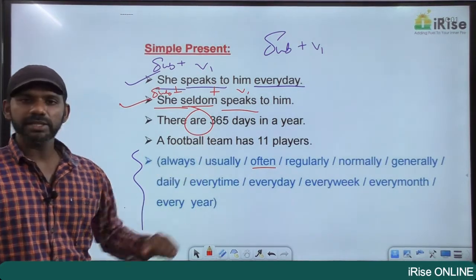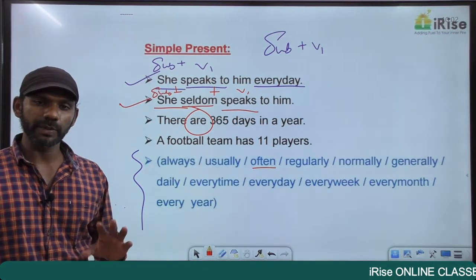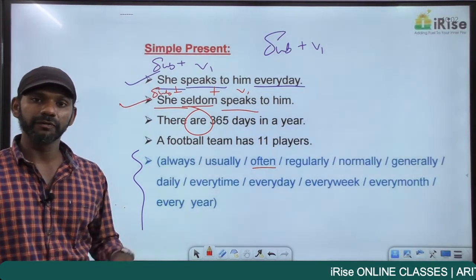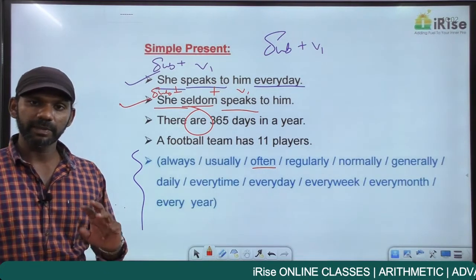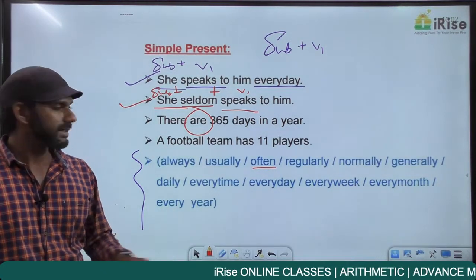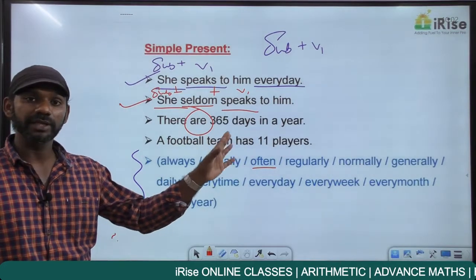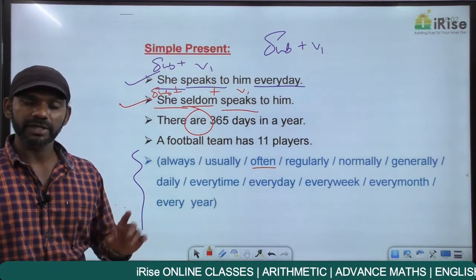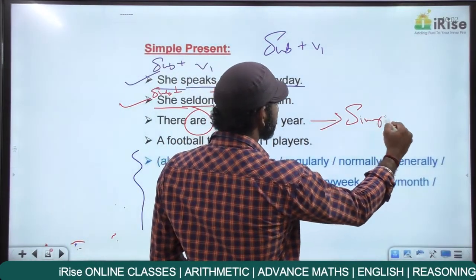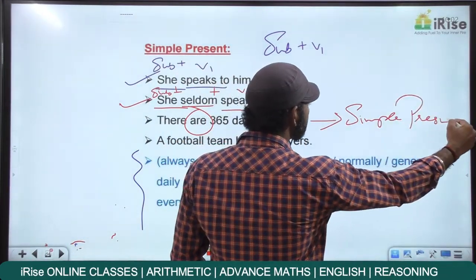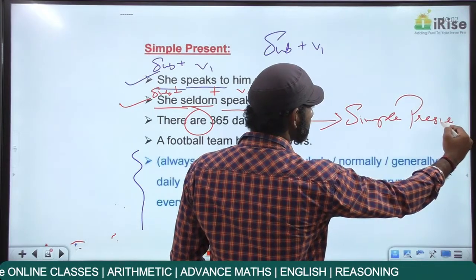There is no ing here, so it is not present continuous. It is not present perfect continuous. We have only two categories left. One is simple present, other one is present perfect. There is no has or have plus V3 here, so it is not present perfect. The only category left is simple present tense. So this sentence must be in the simple present tense.